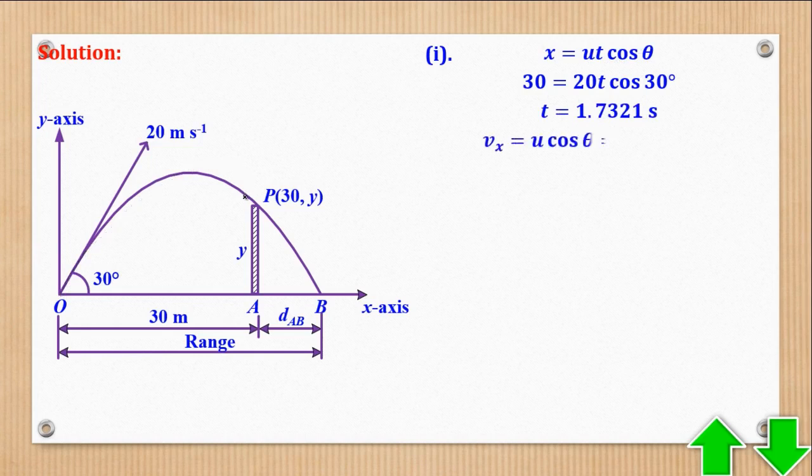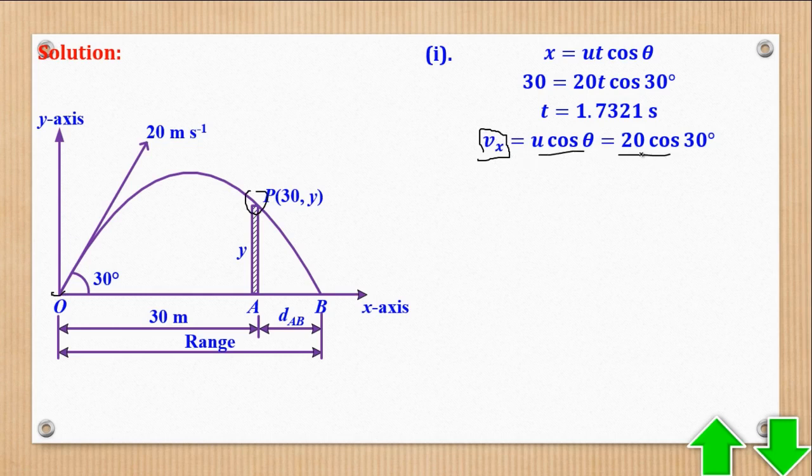Now that I know the time, I can get the velocities at this point. First of all, consider the horizontal velocity. It is always constant throughout the motion. So the horizontal velocity at this point will be the horizontal velocity at the starting point. That is why we say Vx is equal to u cos theta.